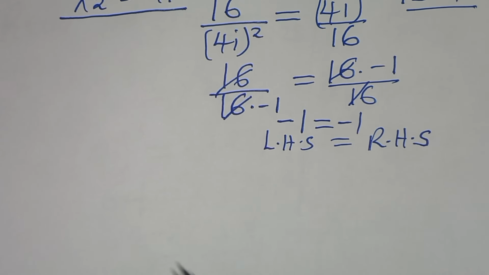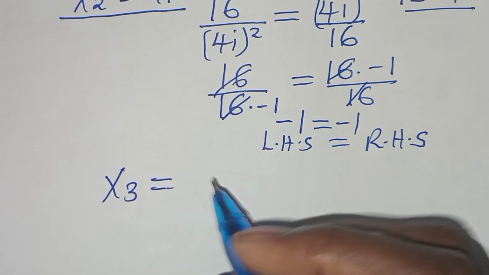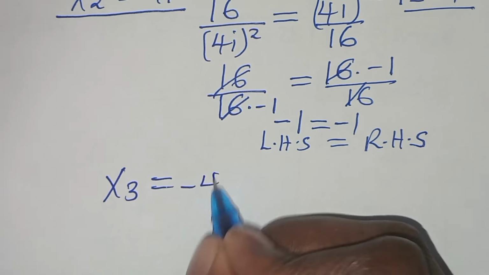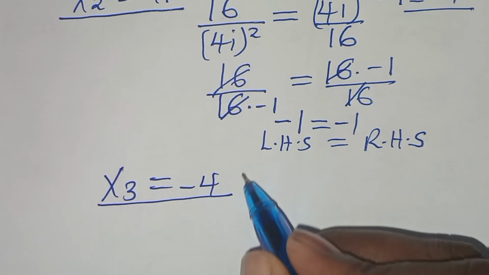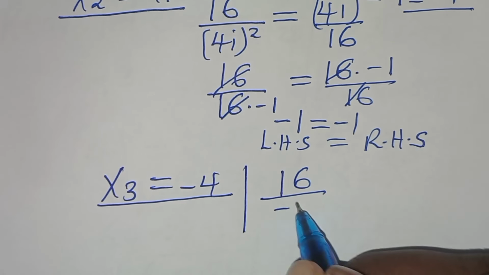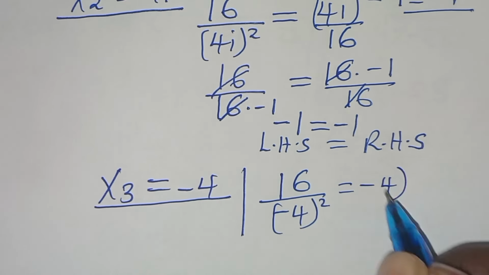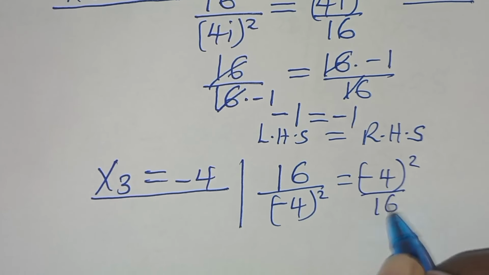The next step here is to check x3, which is equal to minus 4. So let's check this. Again we have 16 over (minus 4) squared equals (minus 4) squared over 16.